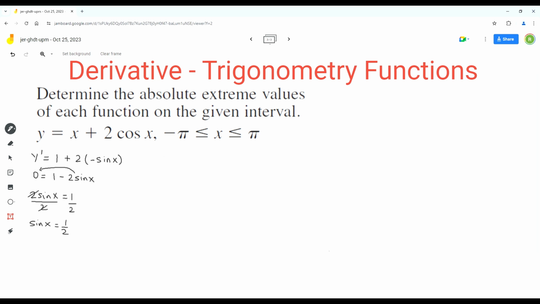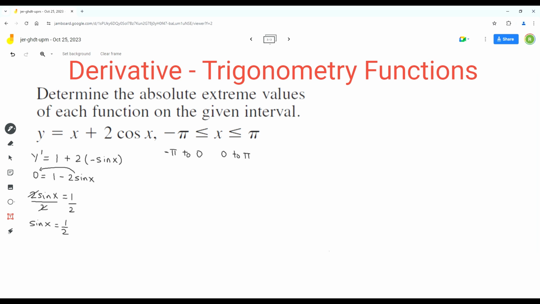So we can break down this interval into two parts to make it easy to find the x values. One part can be negative pi to 0, and the other part can be 0 to pi. Now 0 to pi interval covers quadrant 1 and quadrant 2, and we know that sine is positive in quadrant 1 and quadrant 2 as per the CAST rule.